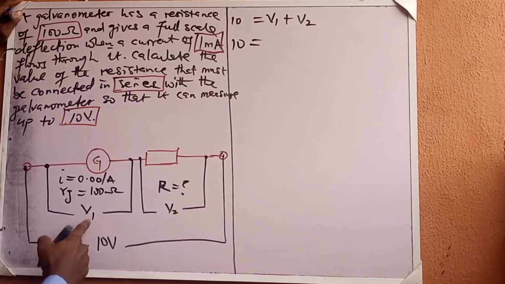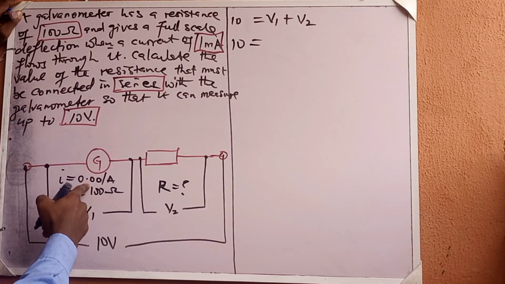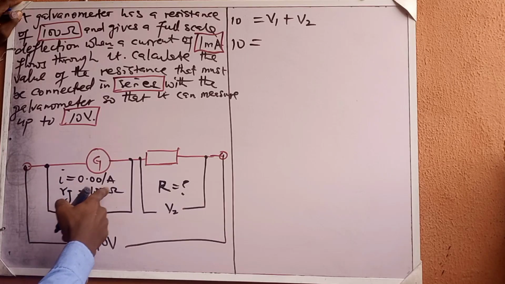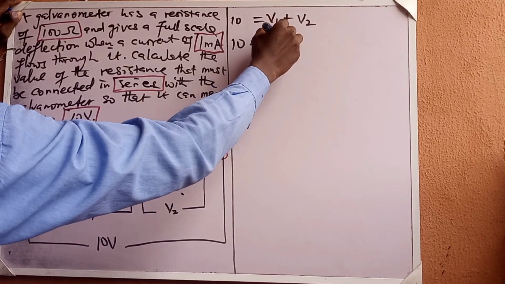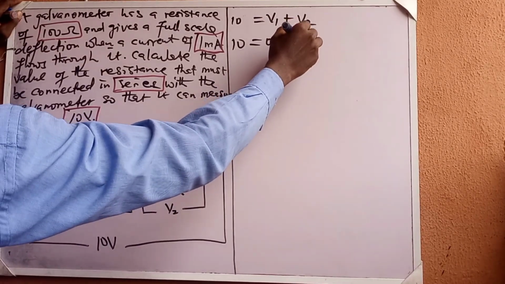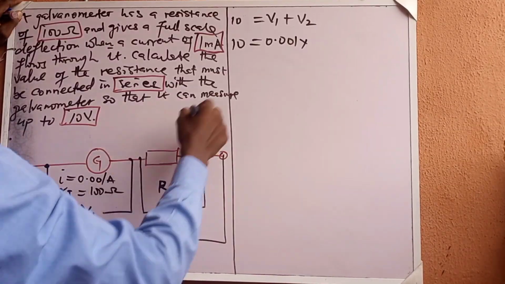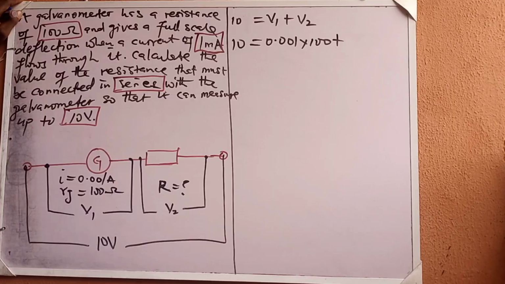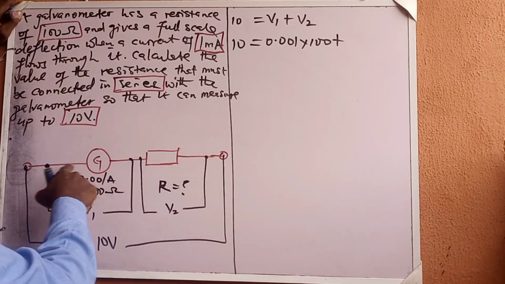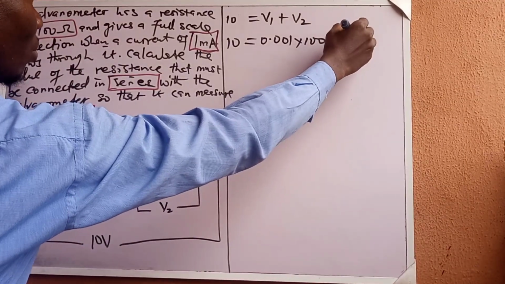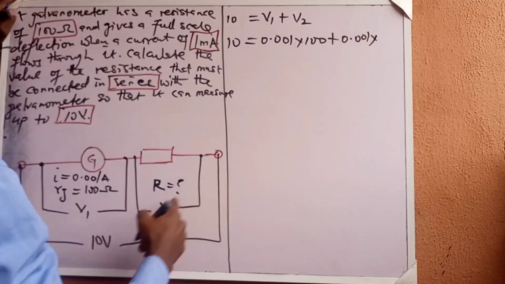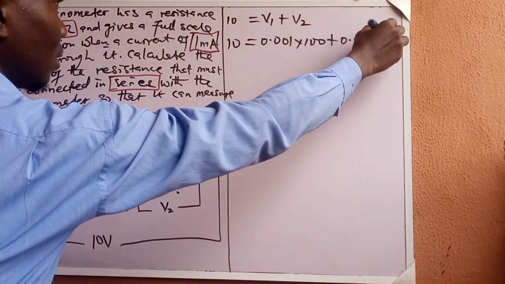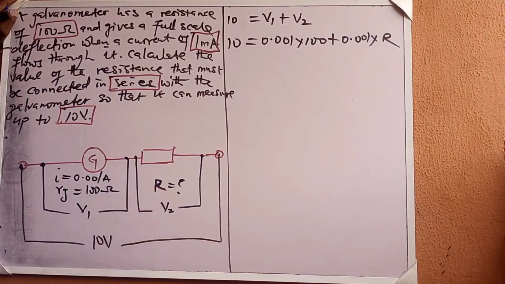10 should be equal to V1 plus V2. Now V1 is going to be I Rg, which is 0.001 multiplied by 100, plus V2. The same current passes through a series arrangement, so V2 is going to be 0.001 multiplied by R. That's the resistance that we are looking for.